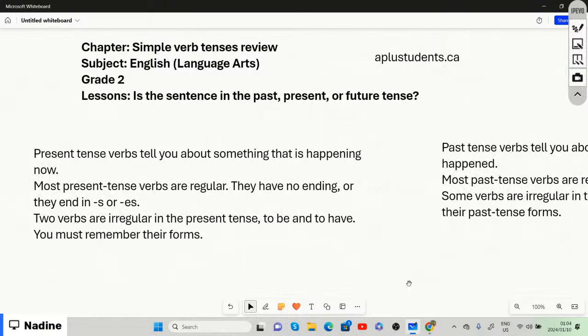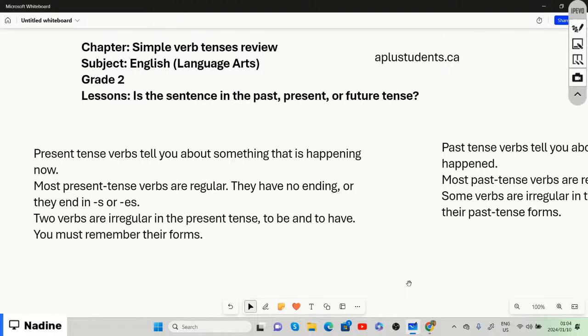All right, so we see that the chapter is simple verb tenses, which is a review that we're going to be doing. Our subject is English, which is also language arts, grade 2.